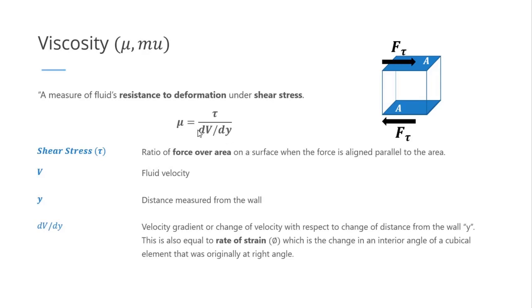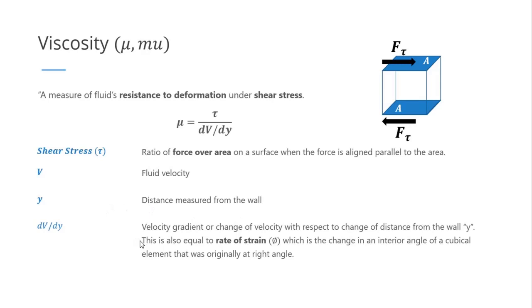Mathematically, viscosity is the ratio of shear stress and velocity gradient. Shear stress, or tau, is the ratio of force over area on a surface when the force is aligned parallel to the area, as shown in the figure.